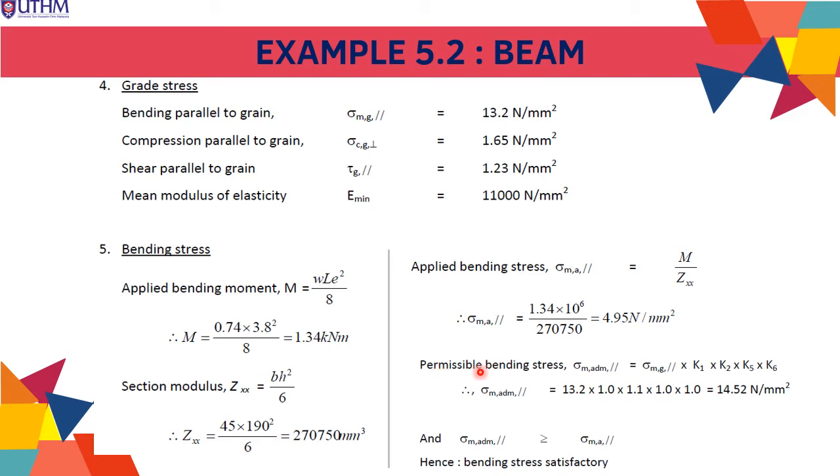We calculate the permissible bending stress by multiplying bending parallel to grain times K1, K2, K5 and K6. We obtain 14.52. Our bending stress is satisfactory since our permissible bending stress is more than applied bending stress.